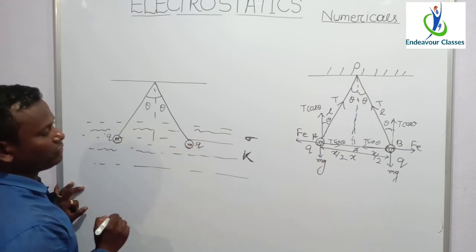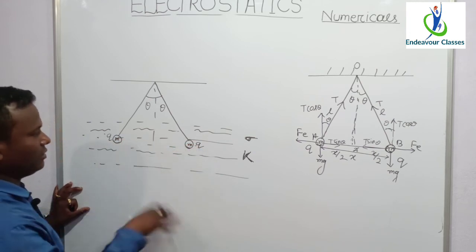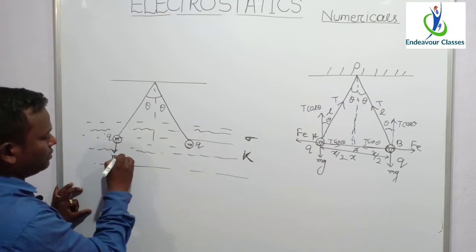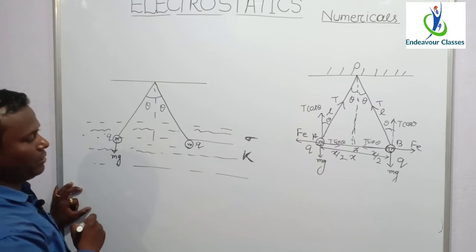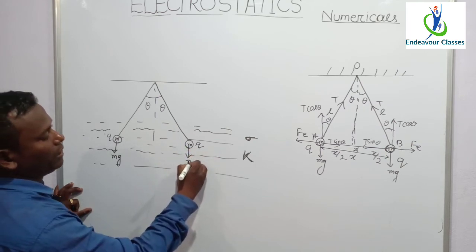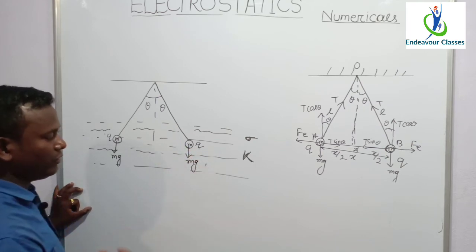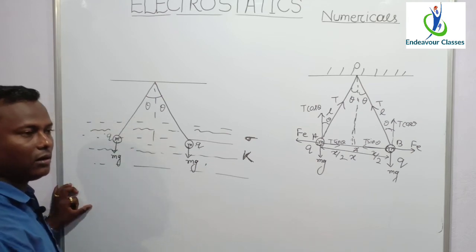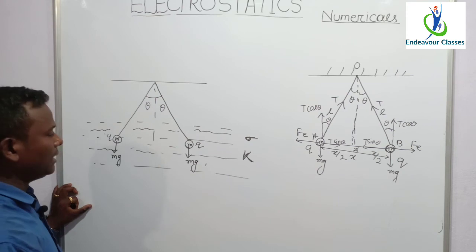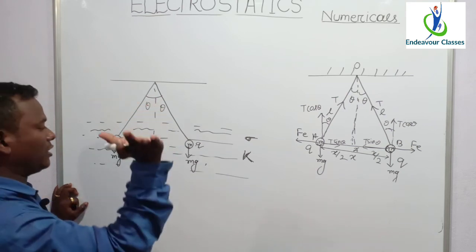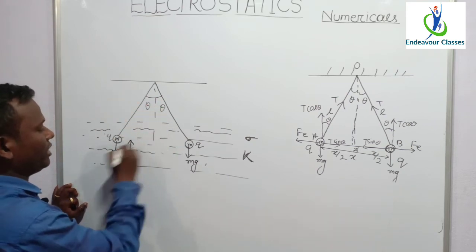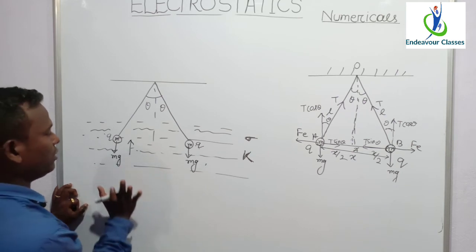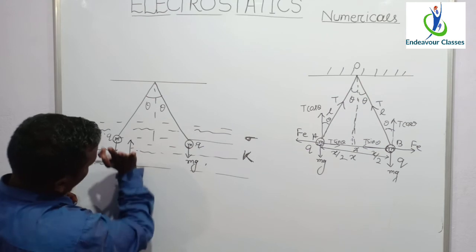But let us redraw the forces acting on this charge inside the liquid. So see, now here the weight will be acting downward, but it will not be equal to mg. As we know, when a body is immersed in a liquid, an upthrust acts in the upward direction by the liquid on the body.